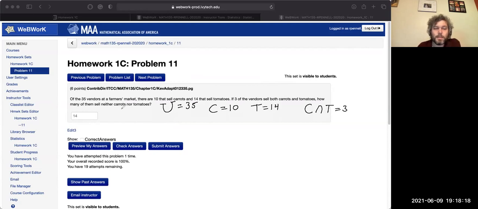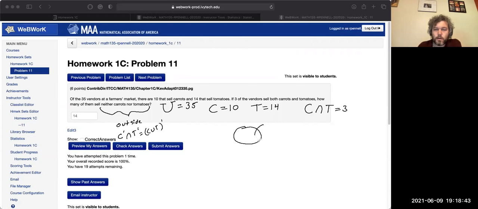We're asked how many sell neither carrots nor tomatoes. That's the outside. Okay, so that would be C complement intersect T complement, or you could write that as C union T complement, however you like. But that's what we're looking for.